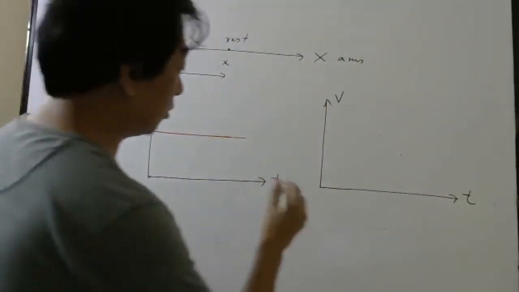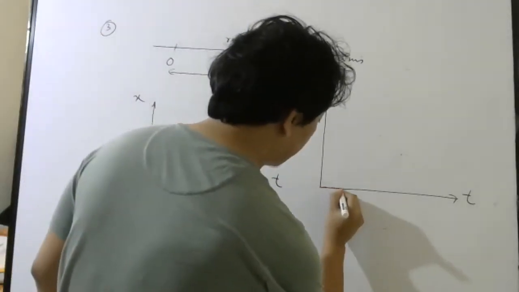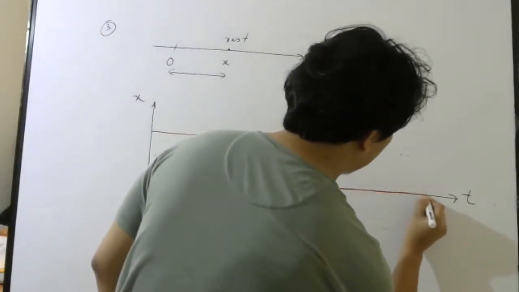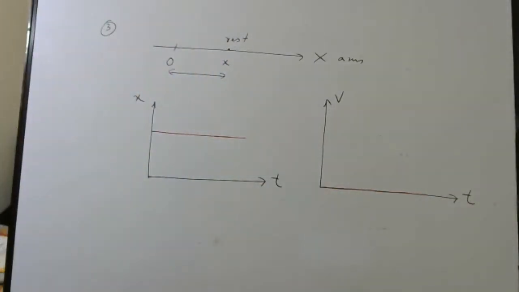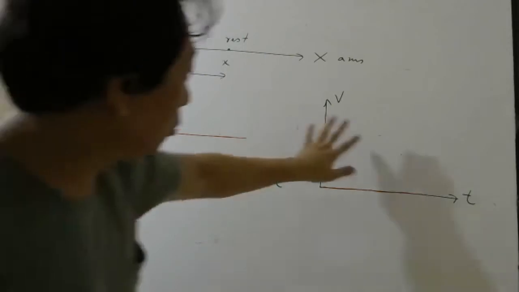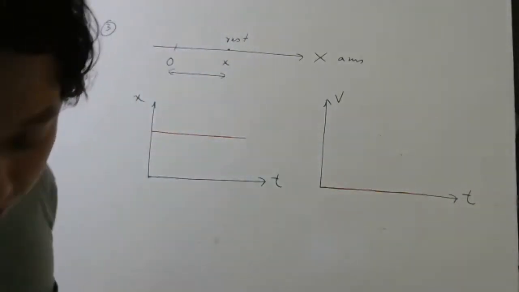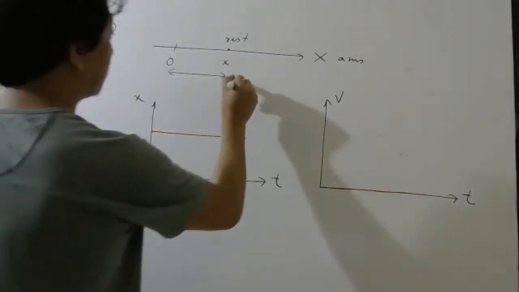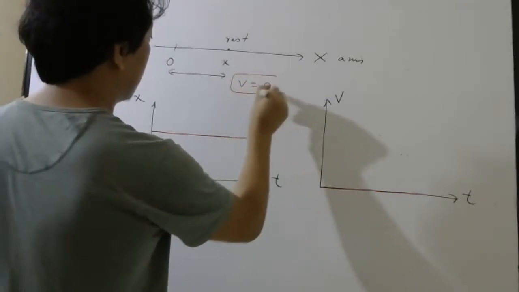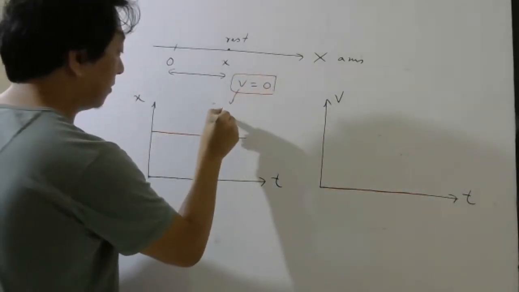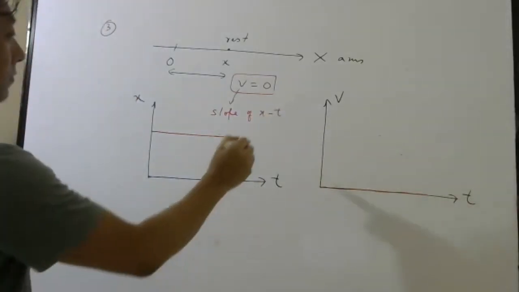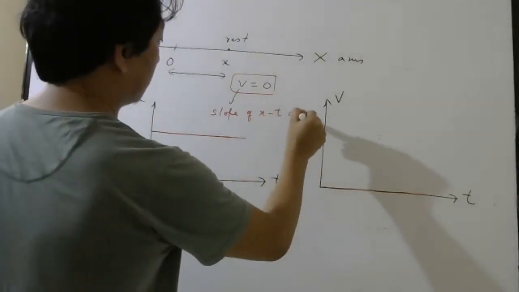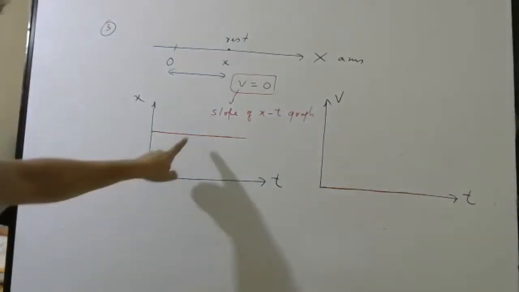Why? Because it will be here only. Your velocity has to be 0, so you can't show any graph here. And remember, velocity is the slope of the x-t graph, so the slope of this should be 0.